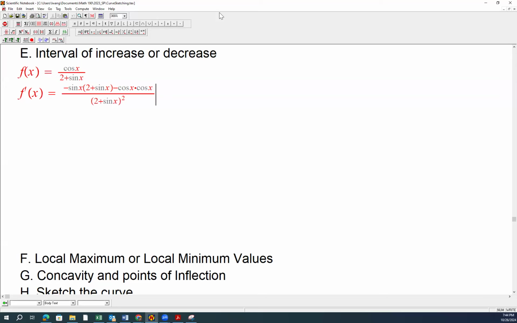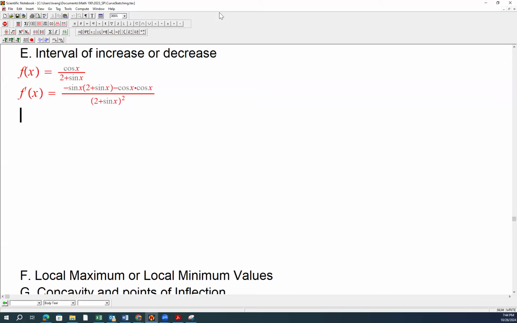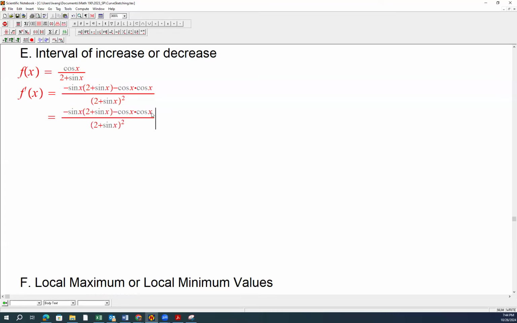And then we're going to simplify. Cosine x times cosine x is cosine x squared. We shorthand write it as cosine squared, so these two are the same thing, okay?